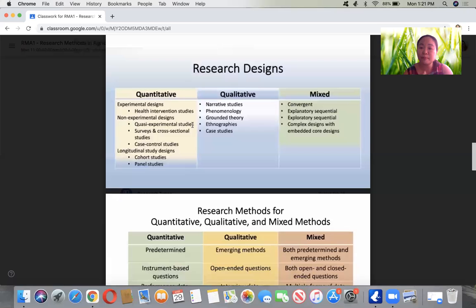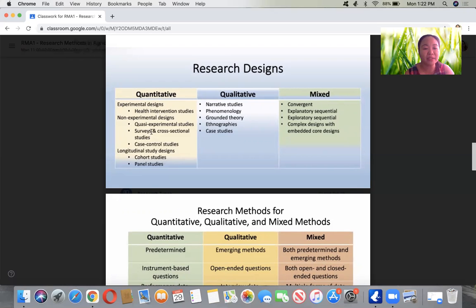At some point, they can also say research type, quantitative or qualitative, or research approach, quantitative and qualitative, or research designs. For quantitative, of course, as I said a while ago, it involves experimental designs, health intervention studies for example, and in agriculture.